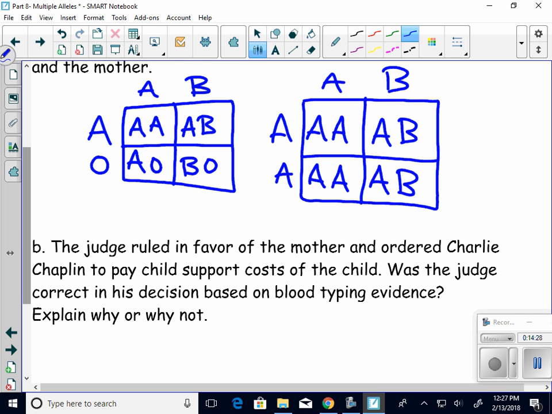Was the judge correct in his decision based on the blood typing evidence? Was that judge correct? John? No. Jonathan says, no, that judge was not correct. Why is the judge wrong, Jonathan?